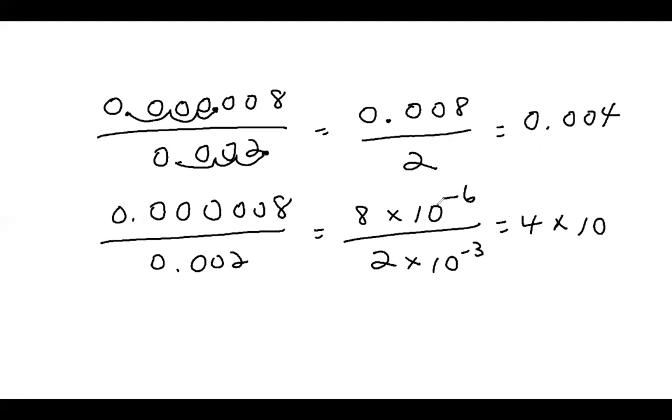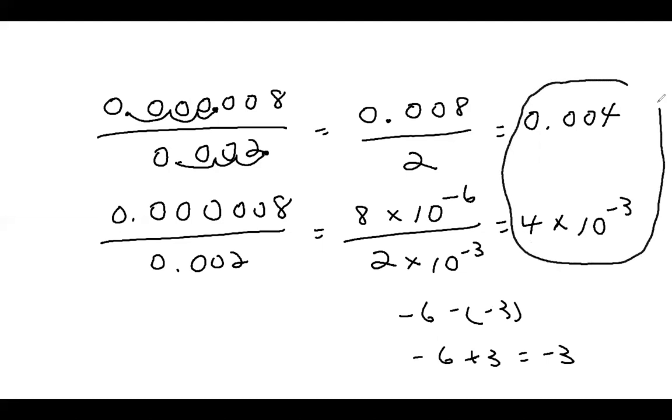Negative 6 minus negative 3 is the same thing as negative 6 plus 3, which equals negative 3. So we get 4 times 10 to the negative 3, which is the same thing as 0.004. So either of these methods helps us get the answer quickly. Whichever one works better for you.